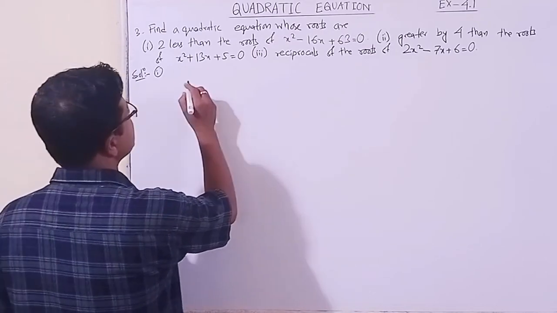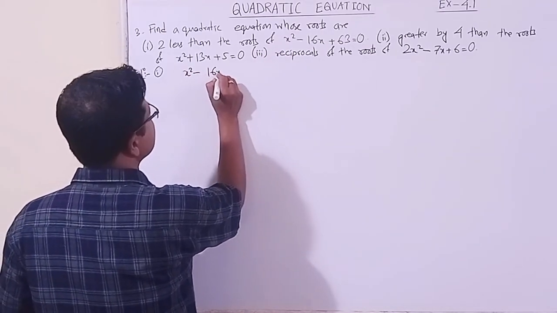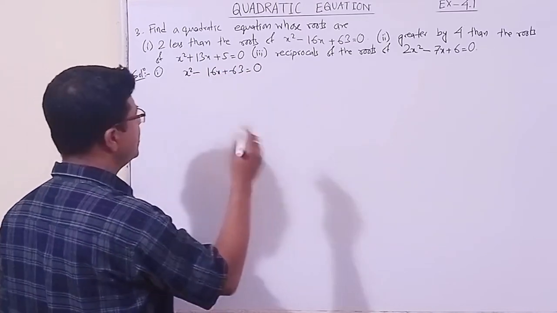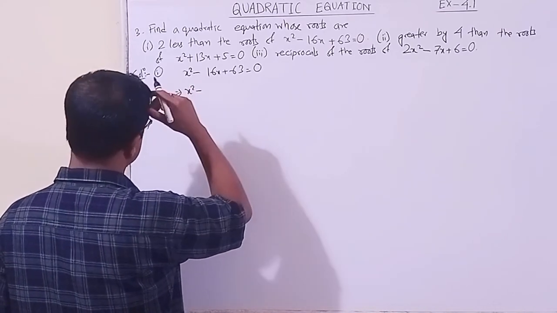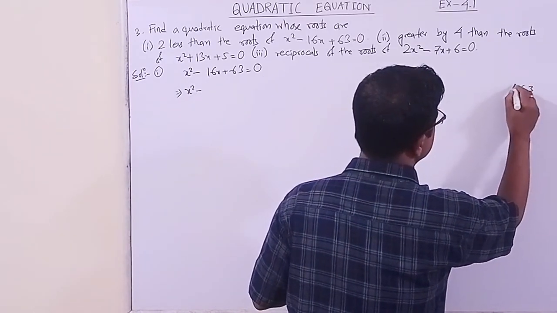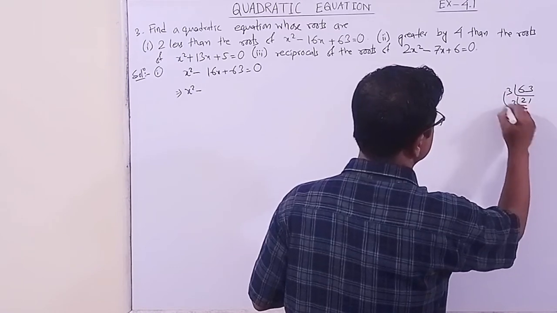Okay, here in the first case, let us find the roots of this: x square minus 16x plus 63 is equal to 0. Let us find the roots by middle term splitting. So x square, 63: 3, 3, 7, so 9 plus 7.